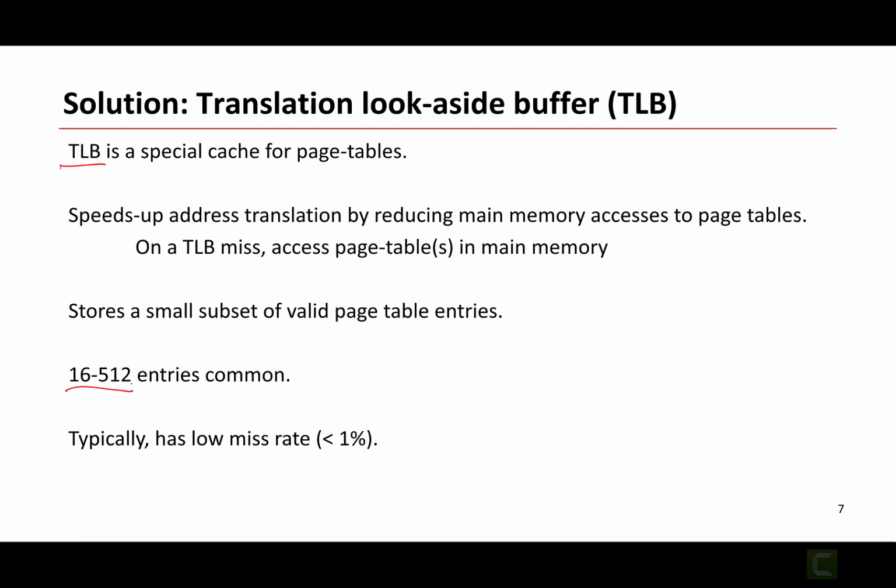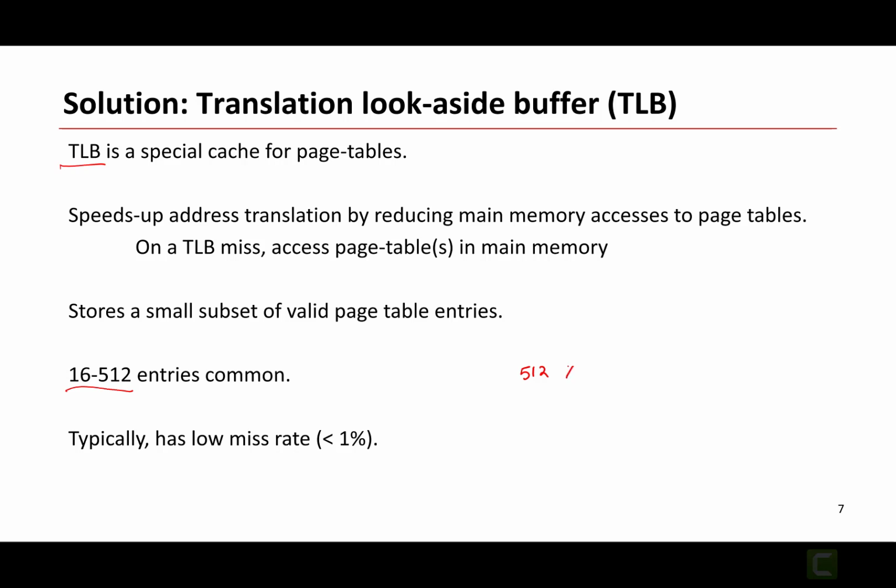Now you might be saying, well, that's too small. Then the TLB hit rate may not be high. But that's not really true. If you think about it, if I have 512 entries, that corresponds to 512 pages. So I can translate any address in 512 pages using just 512 entries in the TLB.